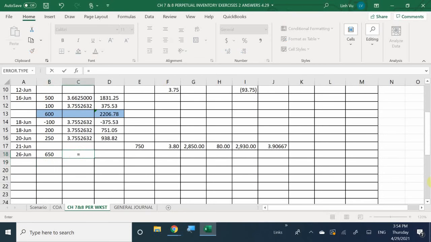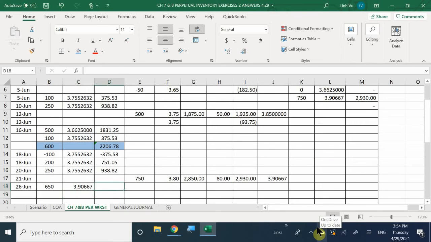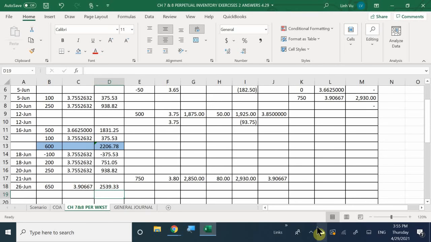At what cost is it going to cost me? Right, the 3.9. $25.39.33.